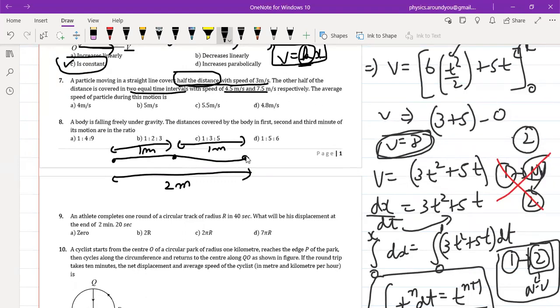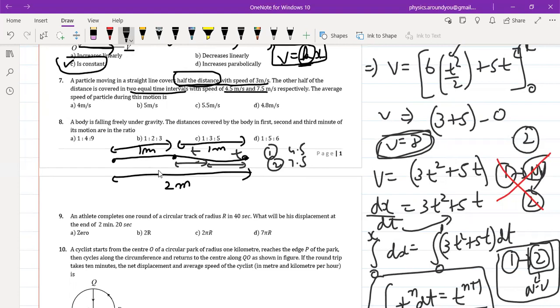The second half of 1 meter is covered in two equal time intervals. So let it cover some distance with t, other distance also with t. In the first half, it is being covered with 4.5 meters per second. The second half, it is 7.5 meters per second.